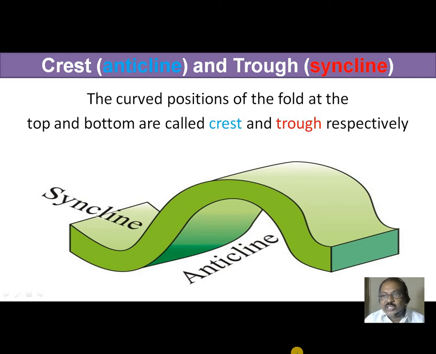The curved portion of the fold at the top or bottom is called crest and trough respectively. The top one is the crest and the bottom one is the trough. This top portion we can call anticline or crest, and the bottom of the curved fold is called trough.